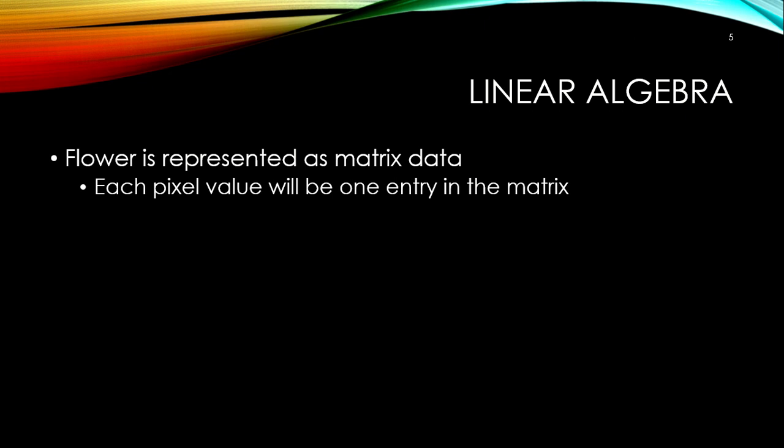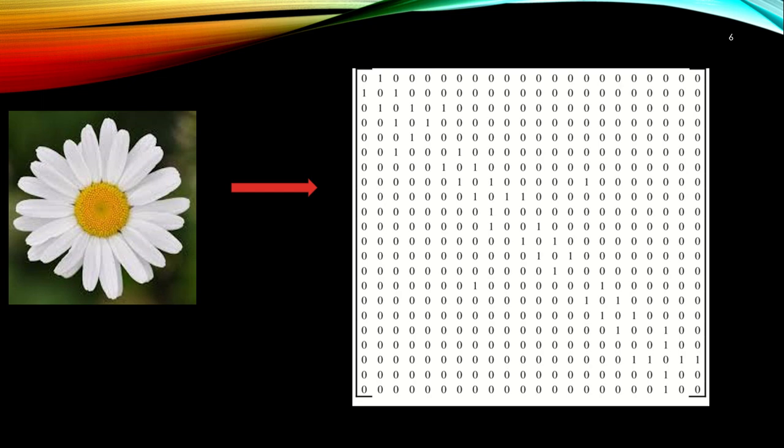Each pixel value will be one entry in the matrix. That means, how do we represent the flower in the form of a matrix? We consider each pixel value of the flower and represent those pixel values as the matrix entries. Okay, so let's have a pictorial representation for the same. I have taken a random matrix here.